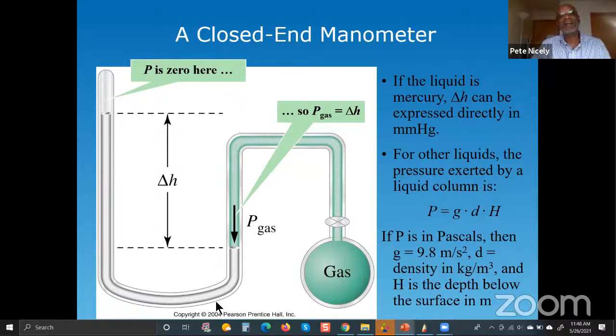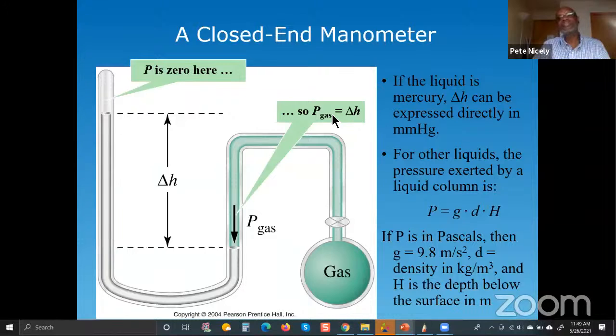However, if you're using some other liquid, or mercury for that matter, you can calculate the pressure expressed in pascals using this equation right here, right? Where g is a constant known as the acceleration due to gravity, d is the density of the liquid in kilograms per meter cubed, and h would be the depth below the surface of the liquid.